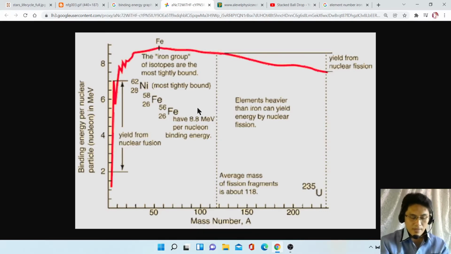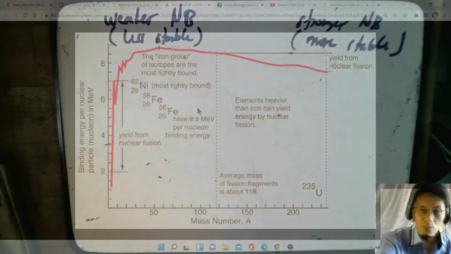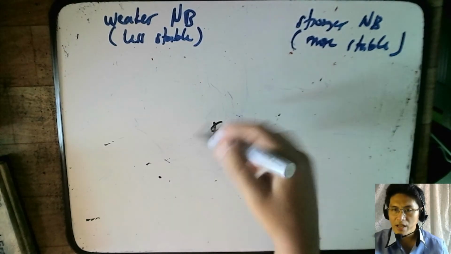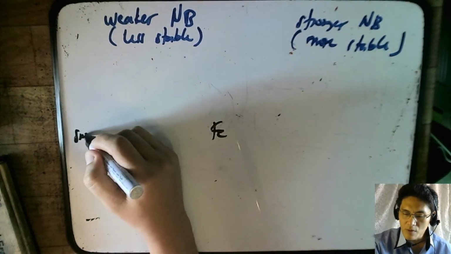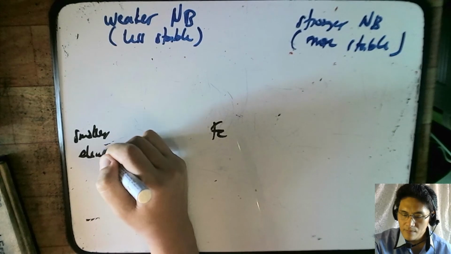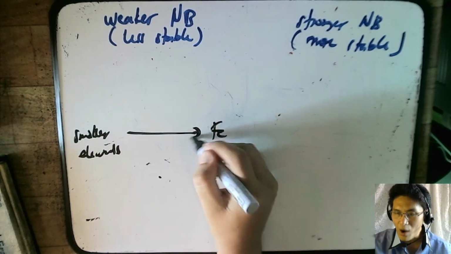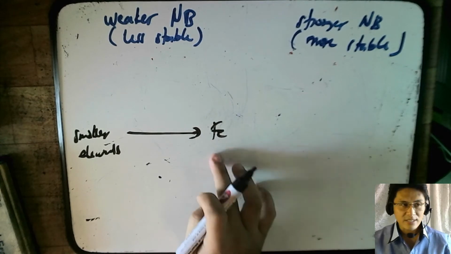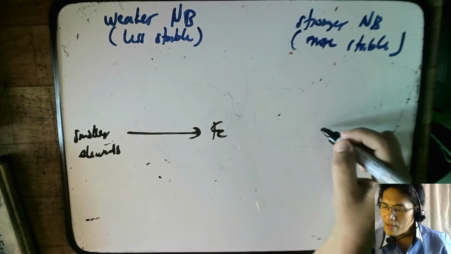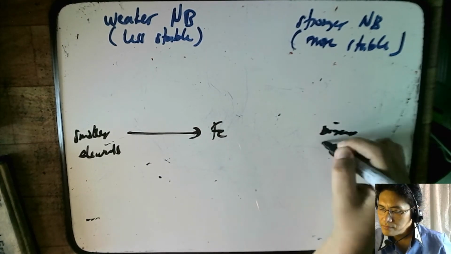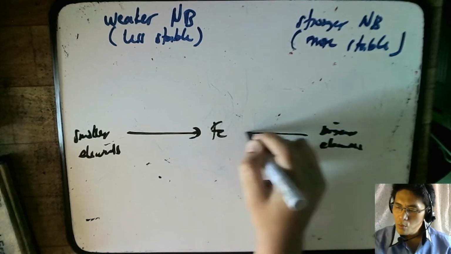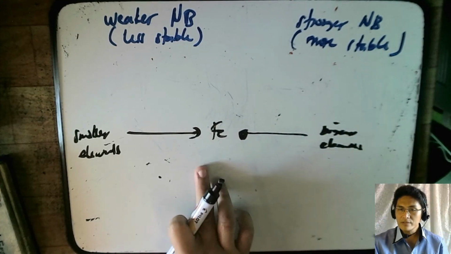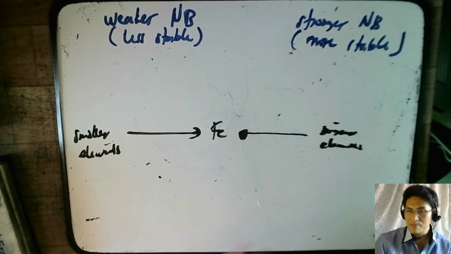So therefore, you have this pattern where iron is here, specifically iron 26, and the smaller elements would want to become iron to become more stable because it is the most stable element. And then the bigger elements would try to become iron so that they become more stable.